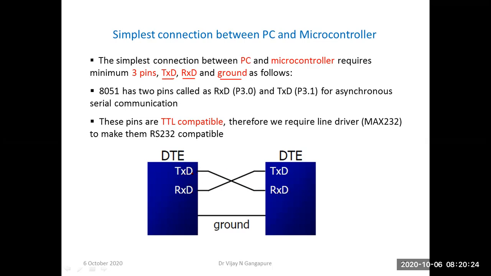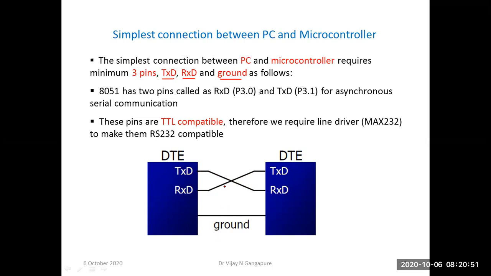TXD means transmit data, and data transmitted on this pin will be received by the RXD pin of the other DTE at the other end, that is, receive data. And the TXD pin of the DTE at the other end is connected with the RXD pin of this DTE at this end. And the common ground pins of both the DTEs are connected together.